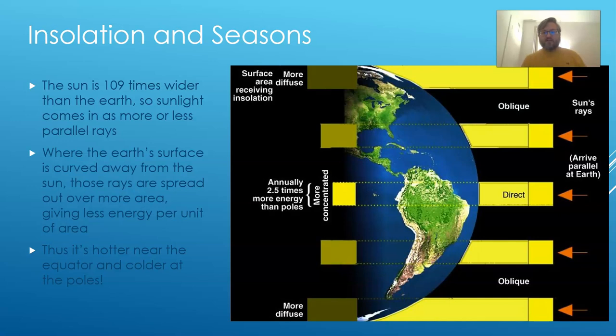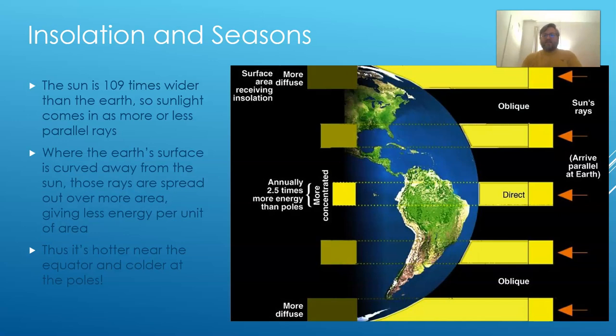But if you go towards the poles, where the Earth's surface is tilted away from the sun, so now the sun is going to be lower in the sky. It's not going to be directly overhead, it's going to be lower in the sky, and so those rays are coming in at a shallow angle, and so they're going to get spread out over more area.